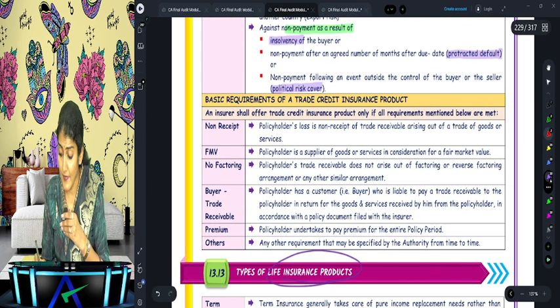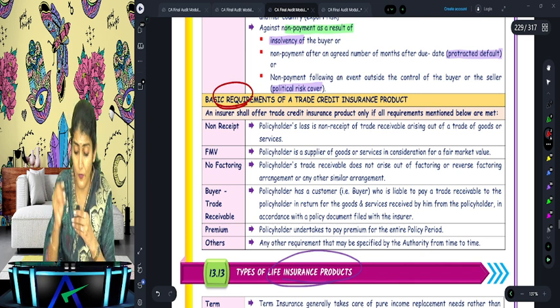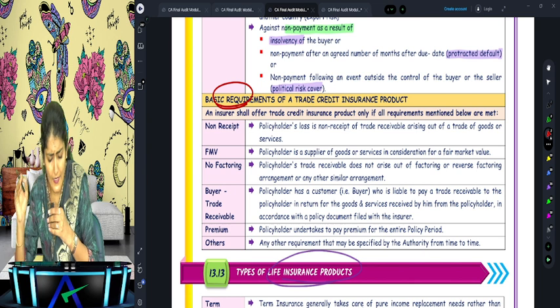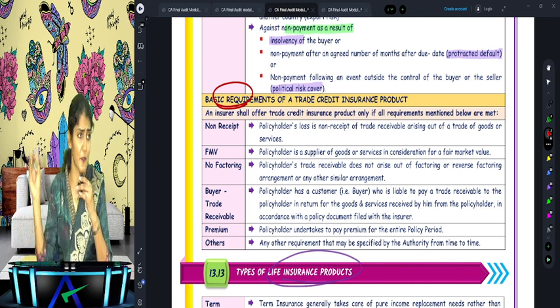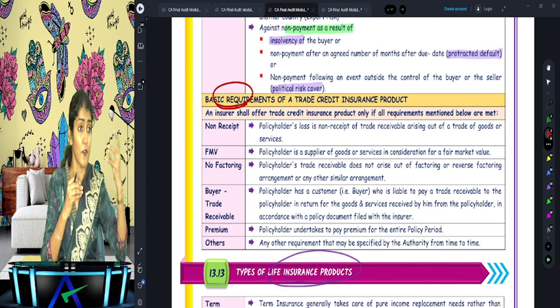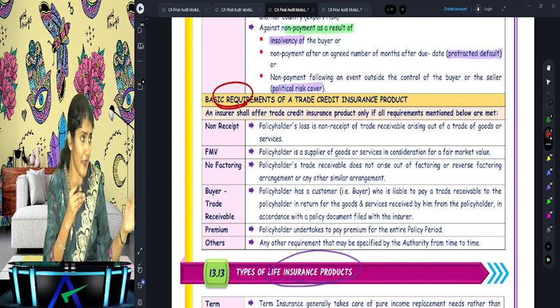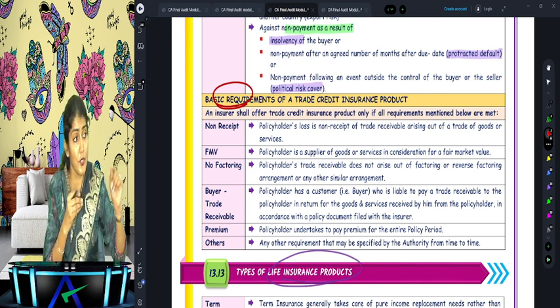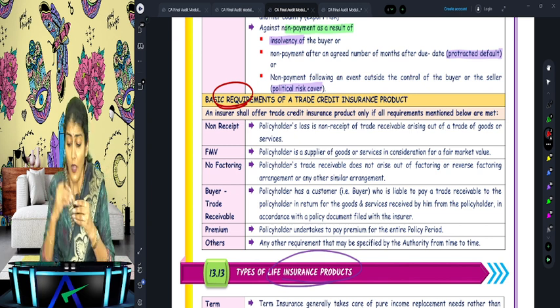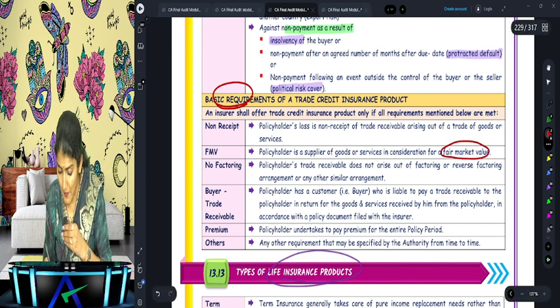Okay, then there are some basic requirements of a trade credit insurance product. What are the basic requirements? So you say, I want to take insurance of bad debts. One, there should be a policy supplier, a supplier who is selling the goods at the fair market value.